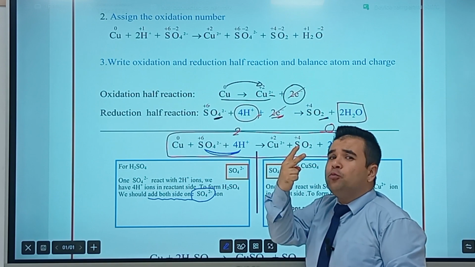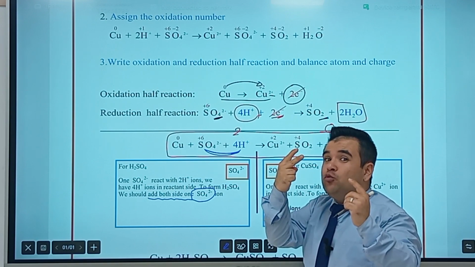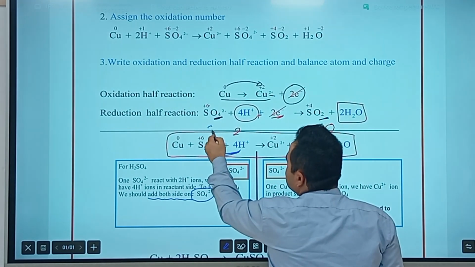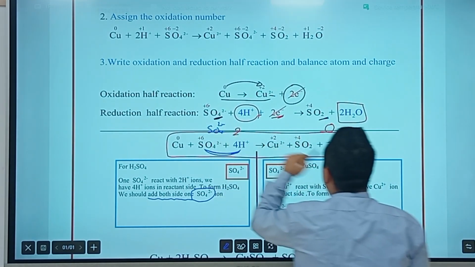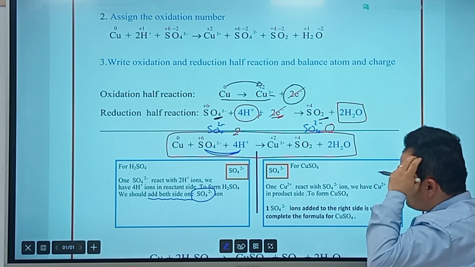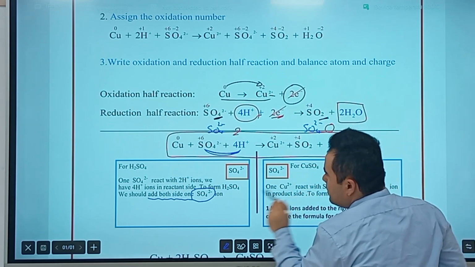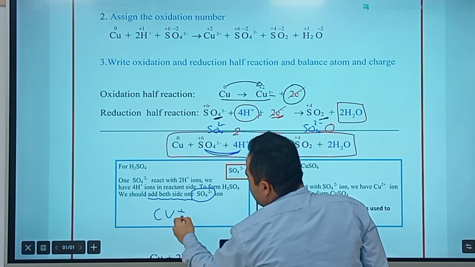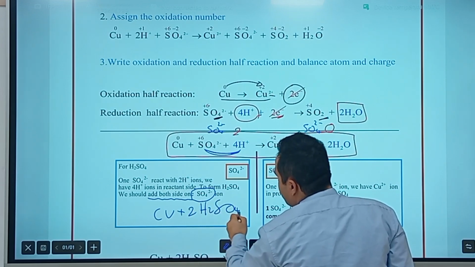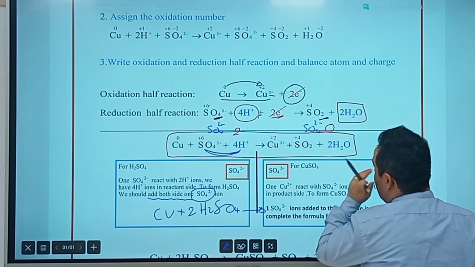What will happen to the other 2 protons? You have to add 1 sulfate in order to combine. So add SO4 2 negative for the reactant, SO4 2 negative for the product. What will happen? We will get Cu plus 2 H2SO4 to produce.